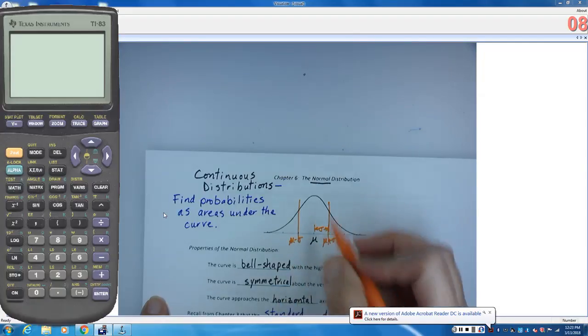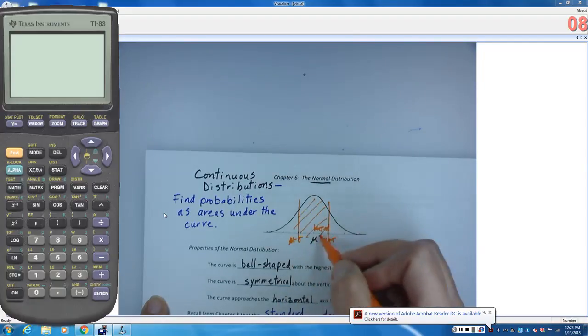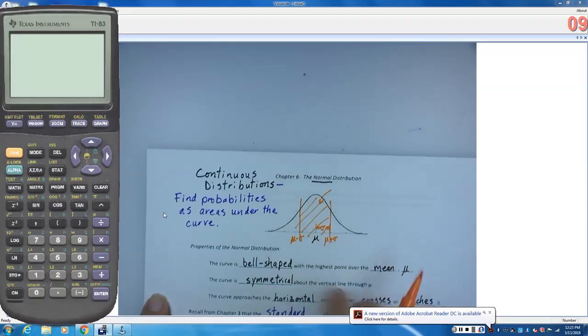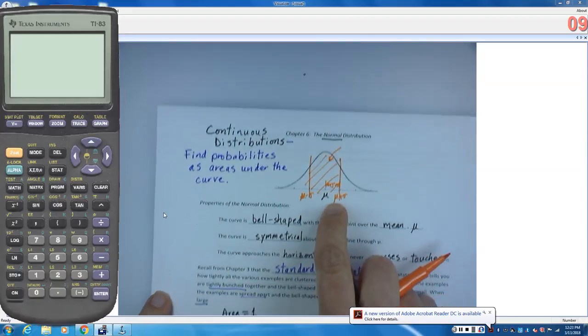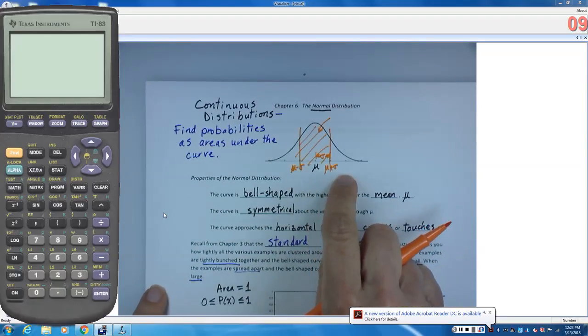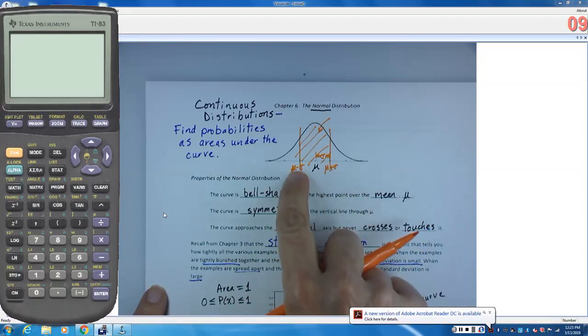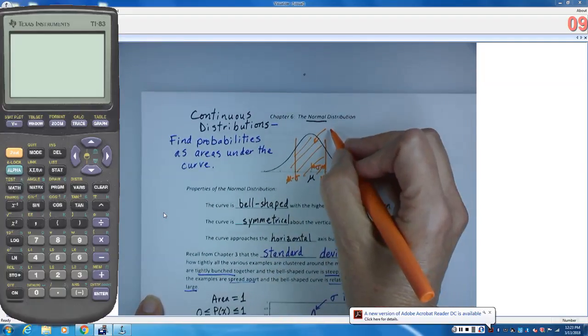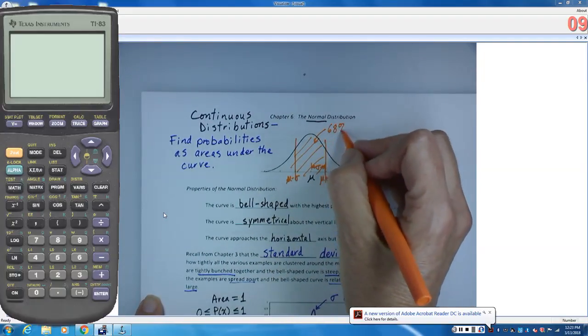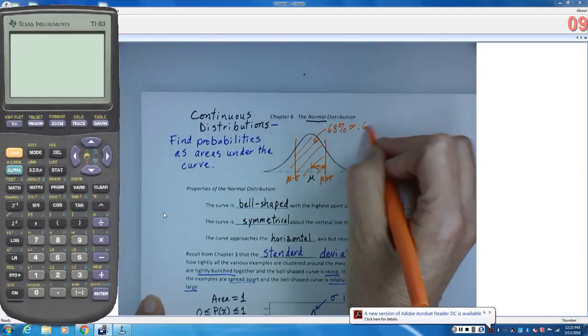That's plus or minus 1. So this area is for every normal curve between positive 1 standard deviation above the mean and 1 standard deviation below is about 68%, or 0.68.